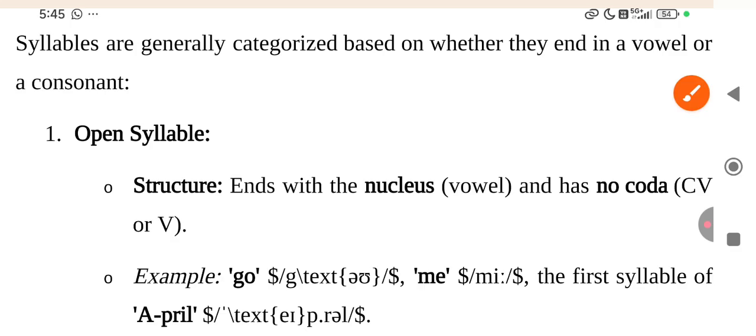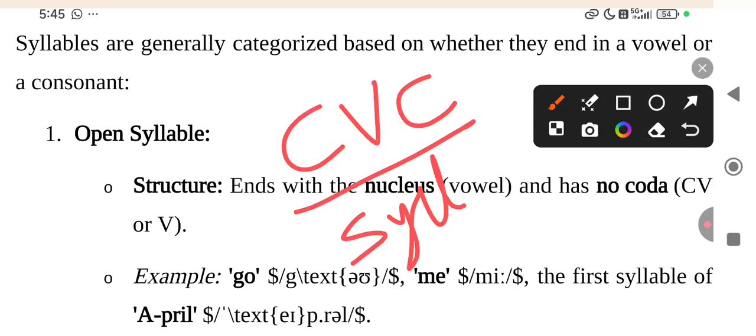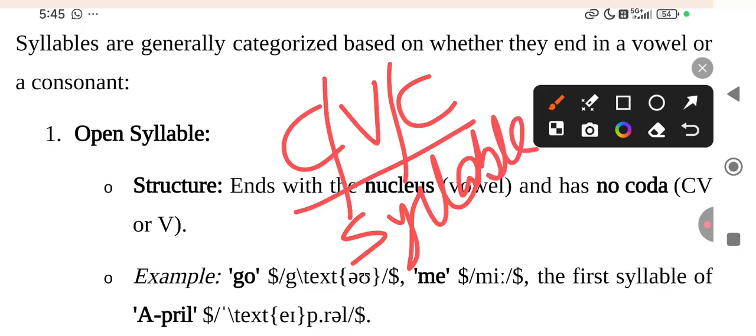So let us start. Syllables are generally categorized based on whether they end in a vowel or in a consonant. As I told you, the basic structure of a syllable is CVC.